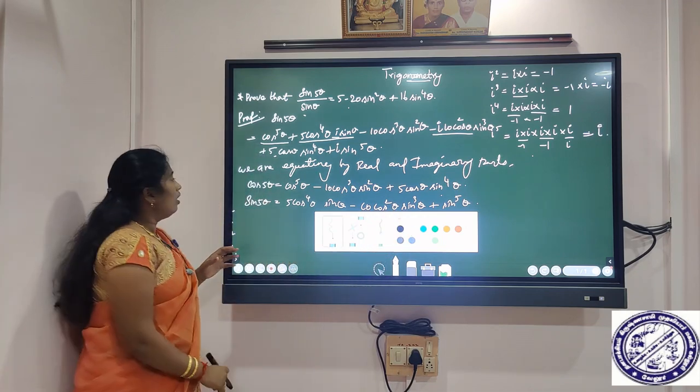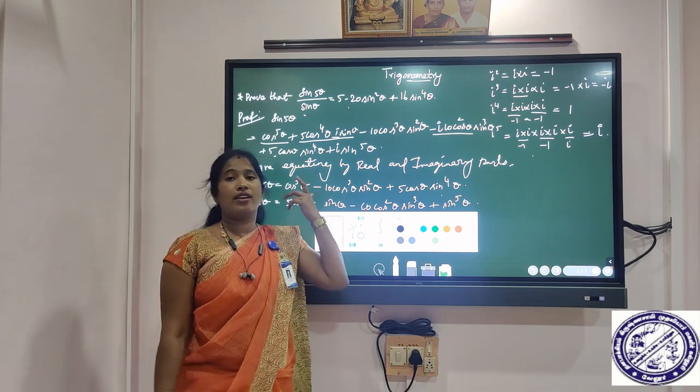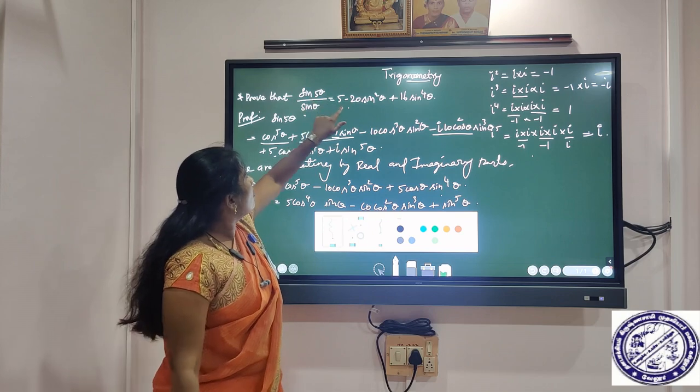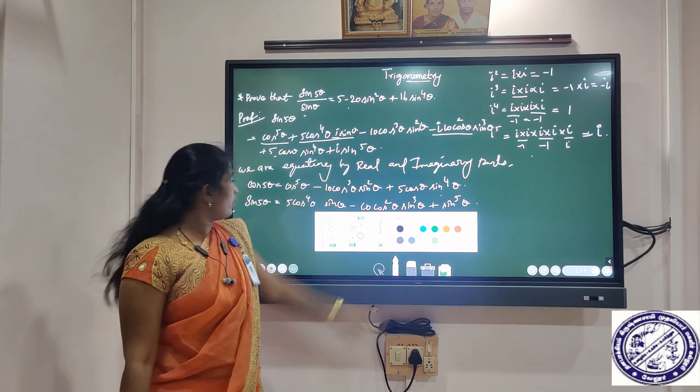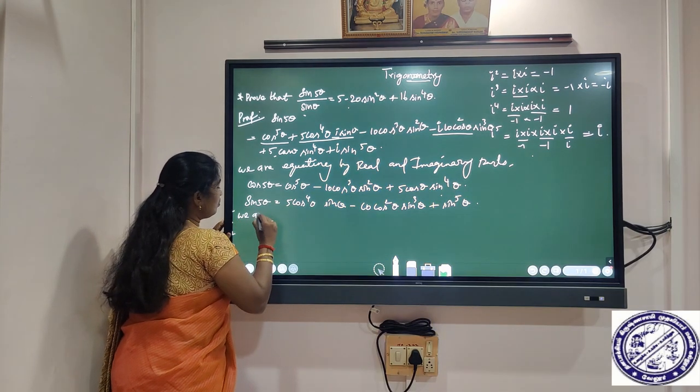Okay, next we are going to equate only the imaginary parts. Why? Because as given, sin 5 theta and sin theta, all terms come in sin. That's why we are equating imaginary parts only.